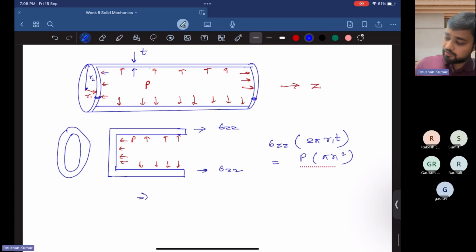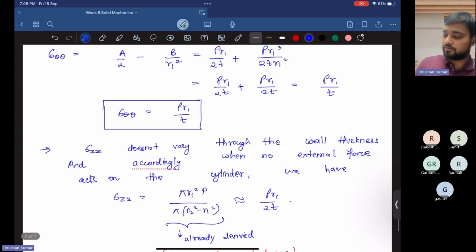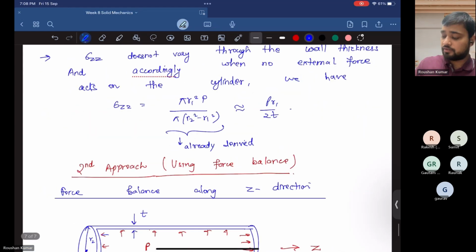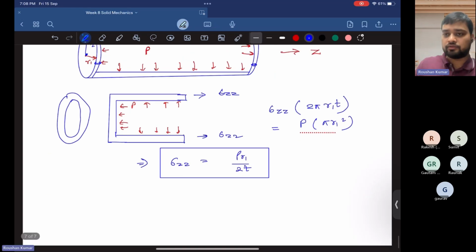Calculating this, we finally get sigma zz equal to P r1 upon 2T. If we match this expression with the one found above, we see that both are the same. So through force balance we can find the stress along the z direction.